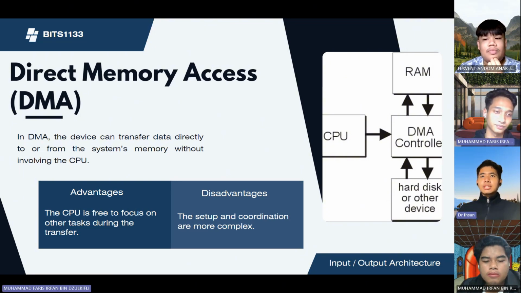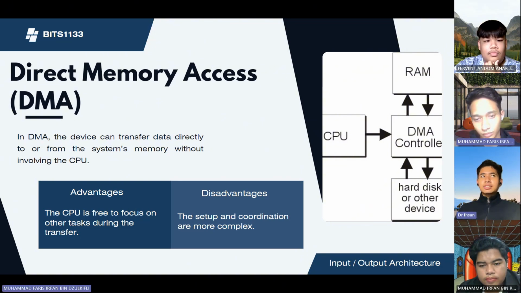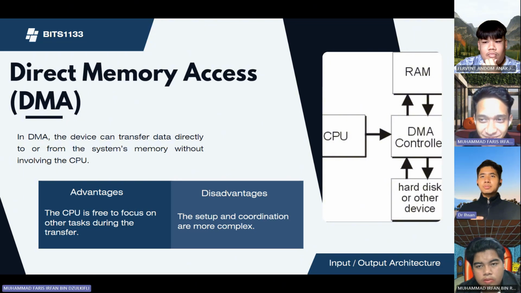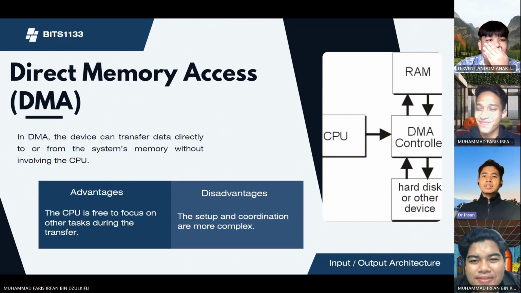Advantage of DMA, you can free up the CPU. The CPU can focus on other tasks instead of handling data transfer. Disadvantage of DMA is a more complex setup, but even though it is more complex, DMA significantly improves system performance, especially for high-speed data transfer devices like storage drives and graphics cards.